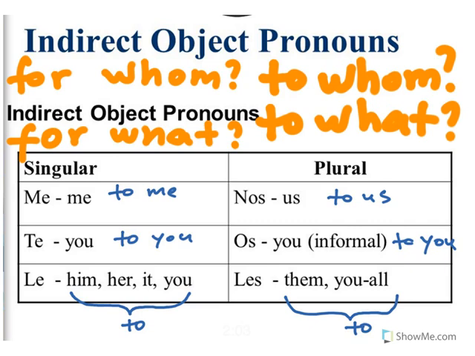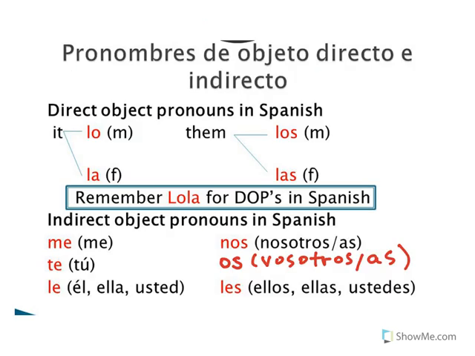Here you have the indirect object pronouns with the questions for singular and for plural. Please make sure that this one, me, te, le, to me, to you, to him, to her, to it, to you if it is formal instead, to us, to you, plural, informal, used only in Spain, to them, to you. Okay?